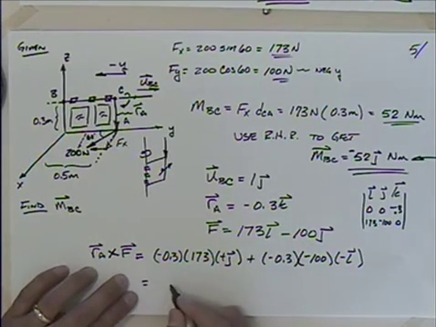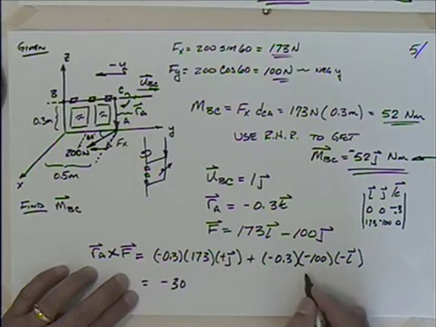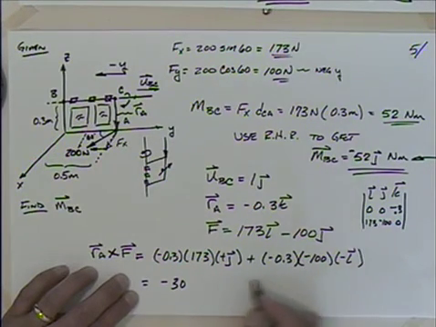But when you hammer this out, you come up with minus 30 in the, let's see, I'm switching on you here, aren't I?